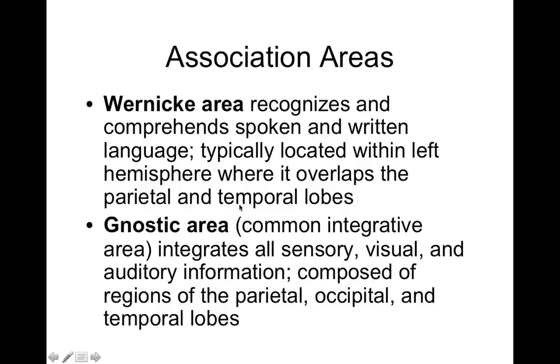So the Gnostic area, though, you guys, is actually really interesting. This is actually an association area or a common integrative area of all the other association areas. So if we talk about the auditory, visual, gustatory, olfactory, and somatosensory association areas, the Gnostic area integrates all of this together.